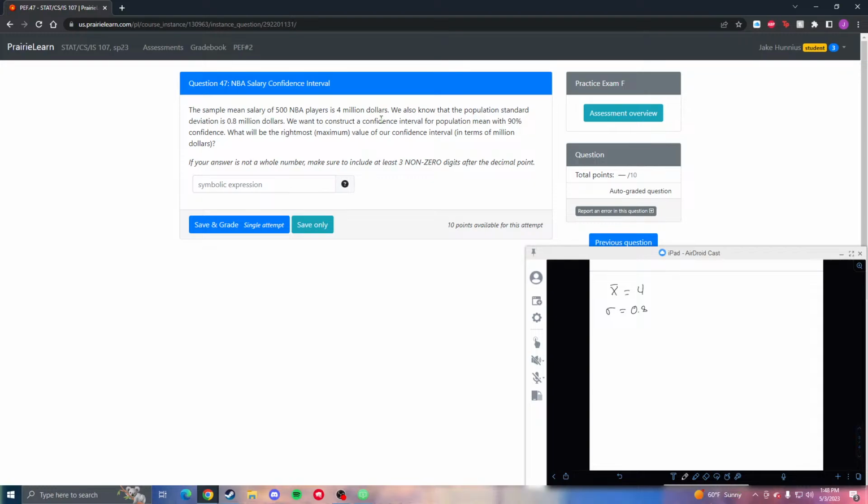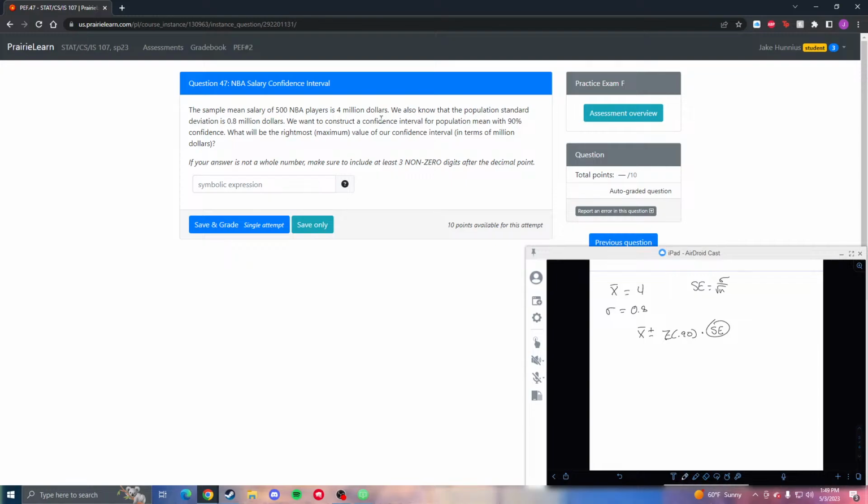And for a confidence interval, our formula is X bar plus or minus our confidence level Z value. So it's a Z score of 90% confidence times our standard error. So let's go ahead and first calculate our standard error, which is going to be standard deviation over root n.